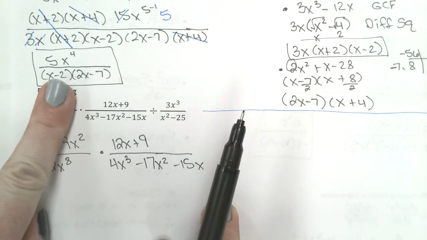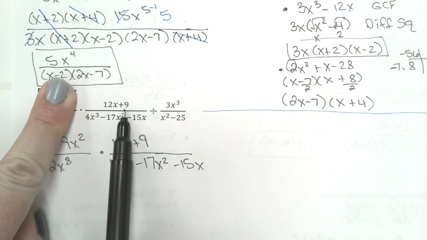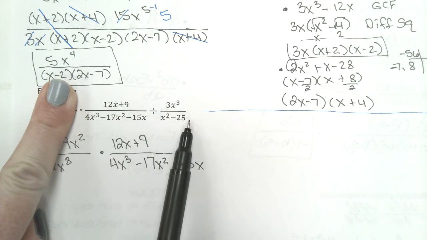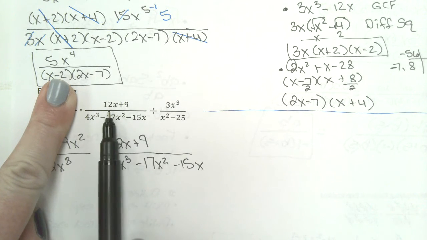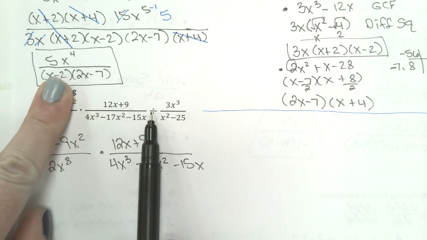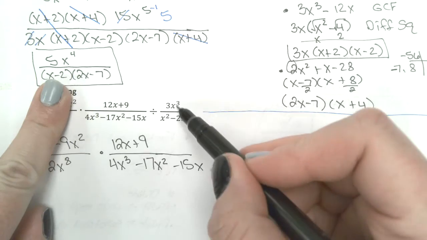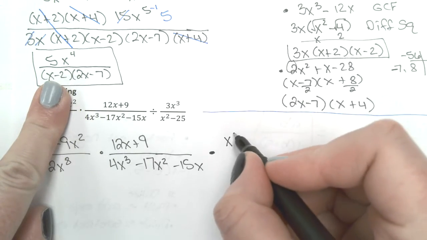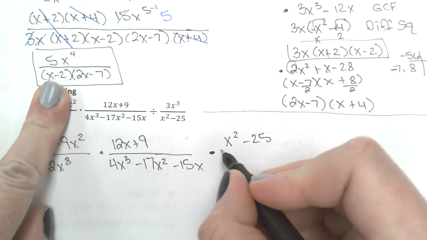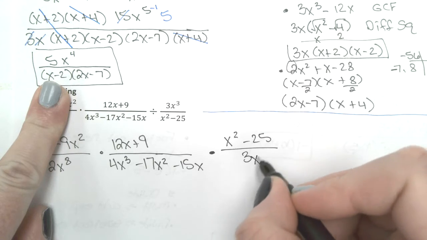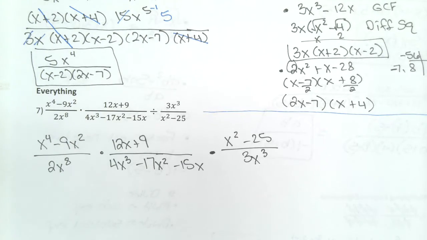So if you just disregard that first one, this is like the problem we just did. This is the keep, so nothing changes about it. Now we're going to change to multiplication, and we're going to flip this last part. So x squared minus 25 goes on top, and 3x to the third goes on bottom.